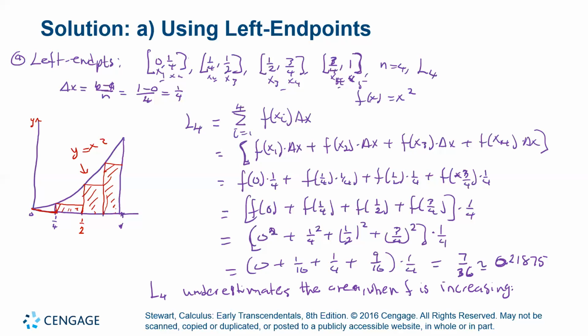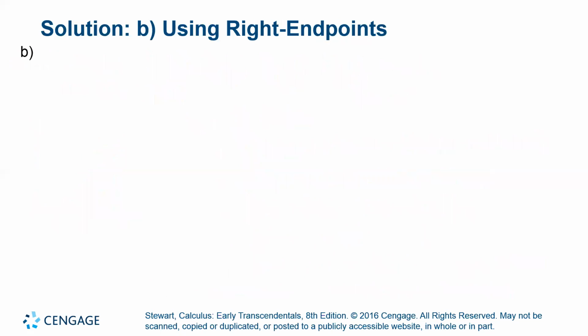All right, let's go to the second part using the right endpoints. Here I'm going to write the same intervals: 0 to 1/4, 1/4 to 1/2, 1/2 to 3/4, and then 3/4 to 1.